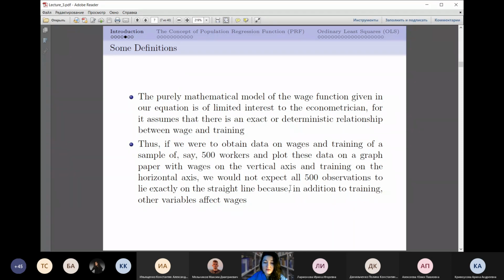And because of this, plotting this scattergram, you cannot see an exactly straight line with all the points on it. A relationship between economic variables, between business variables, is generally inexact.